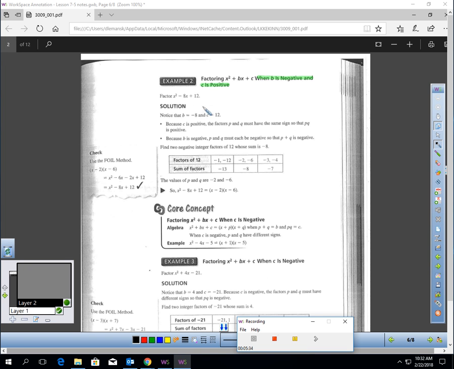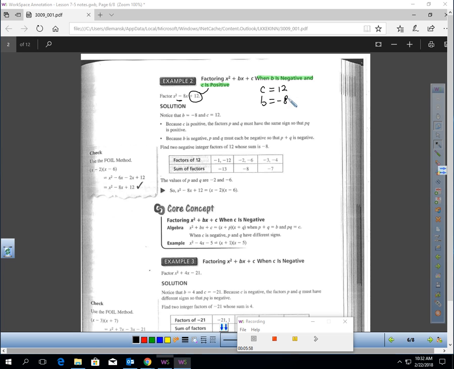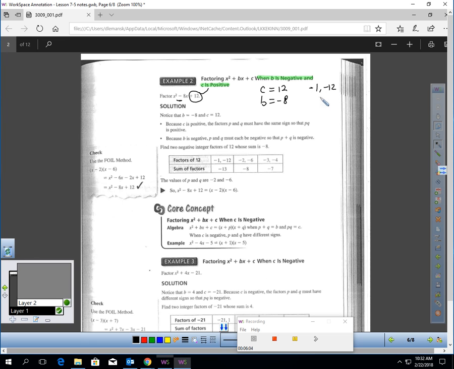Now, what happens if I have a positive value for c, and you can see that in this example, but b is negative? If that happens, that means both of my factors have to be negative amounts. So c is 12, b is negative 8. I've got to figure out what times what is 12 but adds up to negative 8. Well, negative 1 times negative 12 is 12.